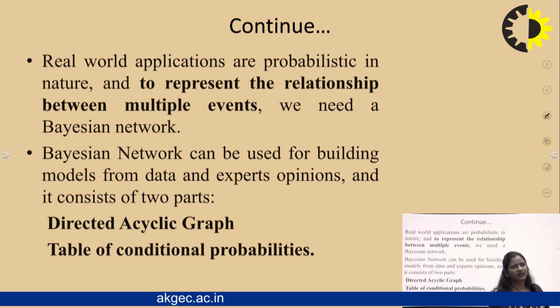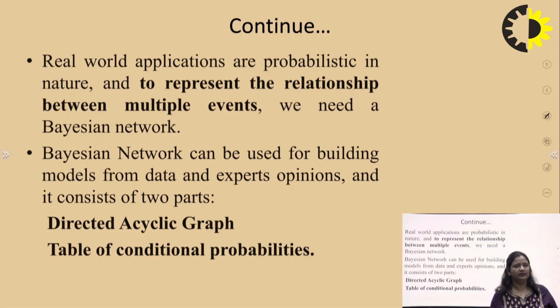Real world applications are probabilistic in nature, and to represent the relationship between multiple events, multiple variables, we use a Bayesian network to show the conditional dependencies between the variables or the events.